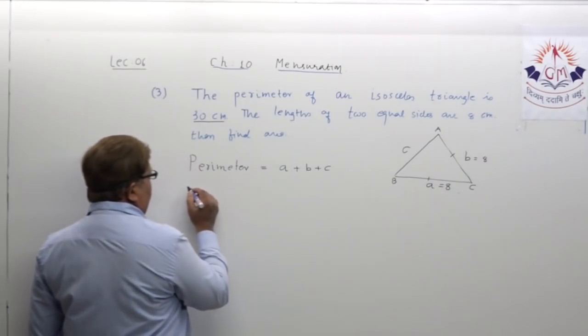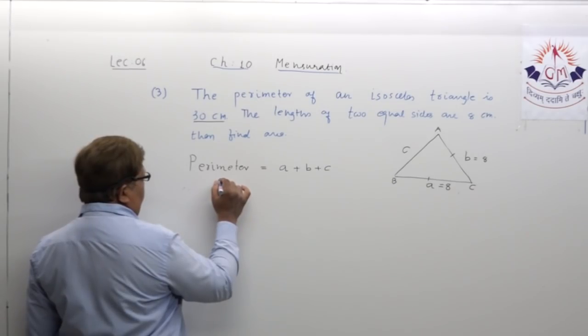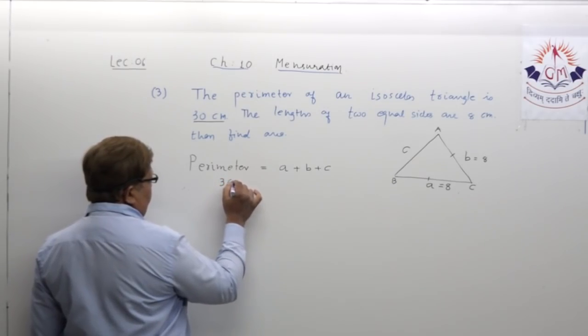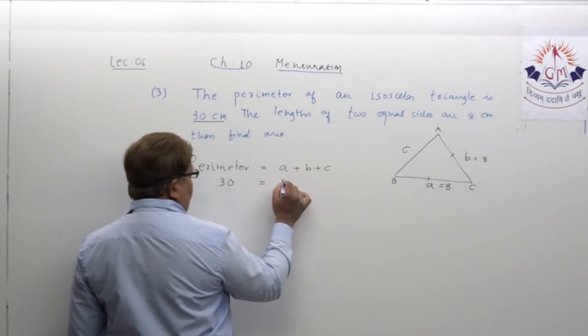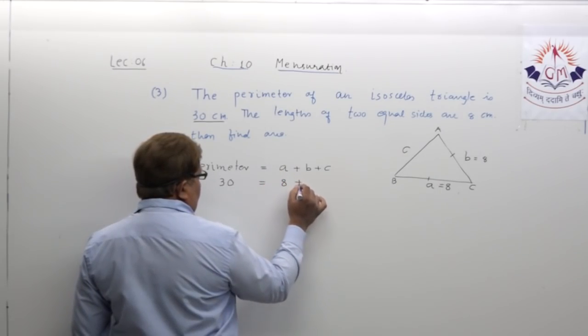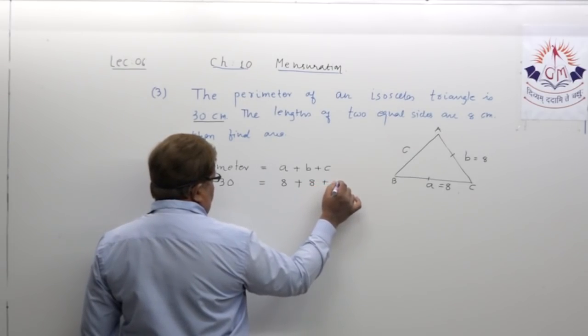Now perimeter is already given, 30 equals to what is a? 8. What is b? 8. What is c?